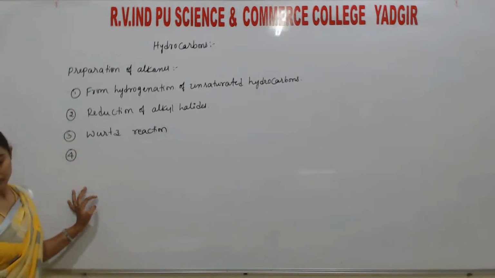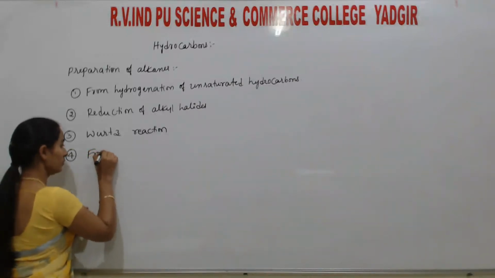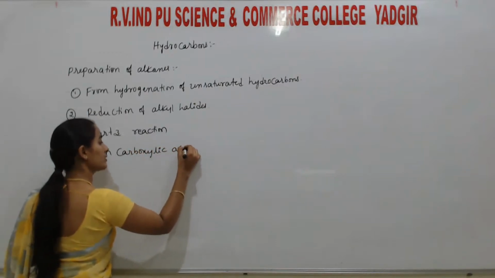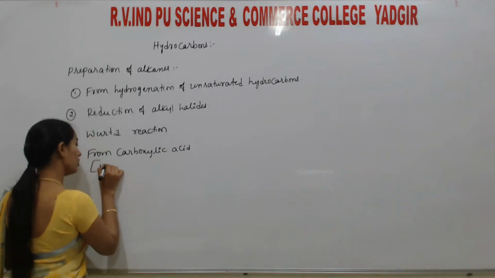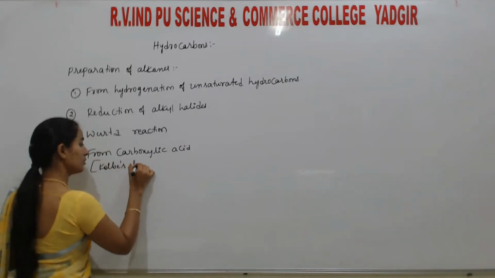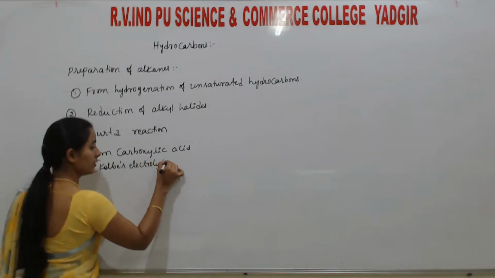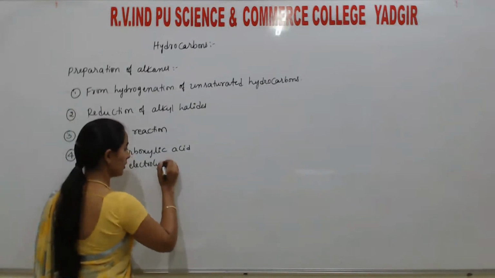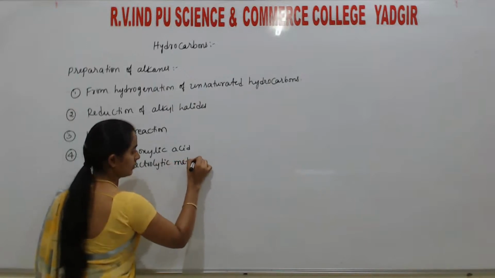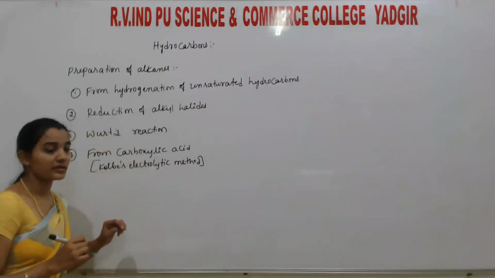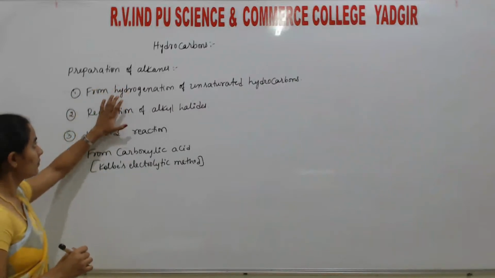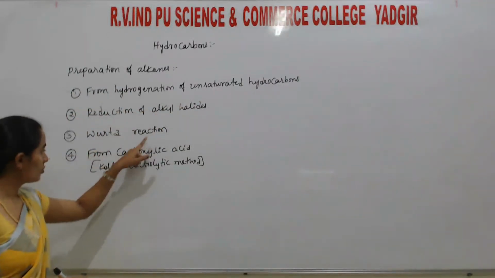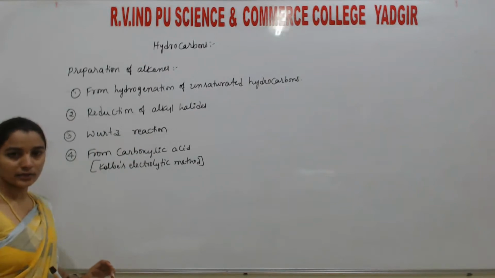Then the fourth one is from carboxylic acid, so this is always electrolysis or electrolytic method. These are the four methods of preparation of alkanes: hydrogenation of unsaturated hydrocarbons, reduction of alkyl halides, Wurtz reaction, and from carboxylic acids.